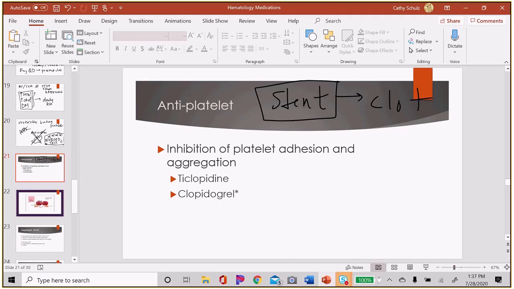And so the next thing you can do that would be even stronger than aspirin is to give them a medication that prevents the platelets from sticking together. So you're not preventing activation of the platelet, you're preventing the platelets from clumping together. And that medication is Clopidogrel, which is Plavix.